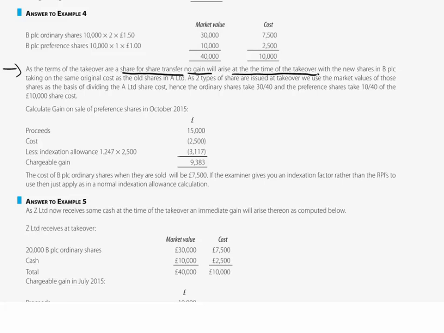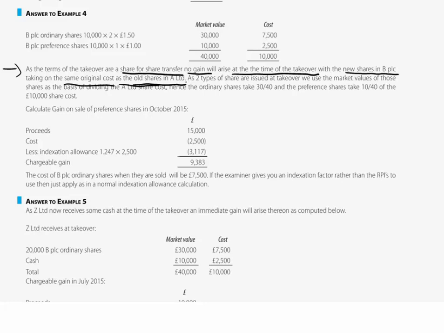So how do we deal with that takeover? The new shares, those that we've acquired in B plc, will take on the same original cost as the old shares in A Limited. Now, as we have already spoken of, had there been an index cost provided, you would divide that index cost in exactly the same way.